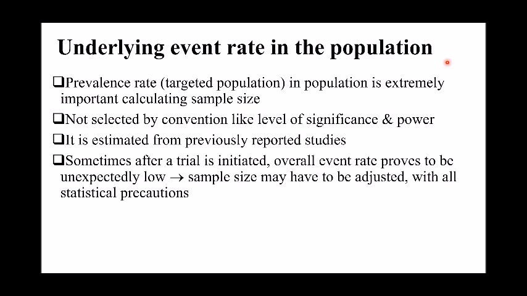It's not by convention and it's not an assumption, because significance level and power are assumptions, while the prevalence depends on nature. Usually we take it verbally from previous reports or previous studies.